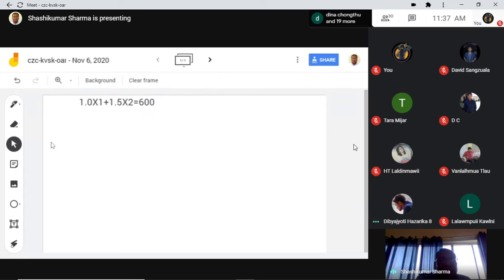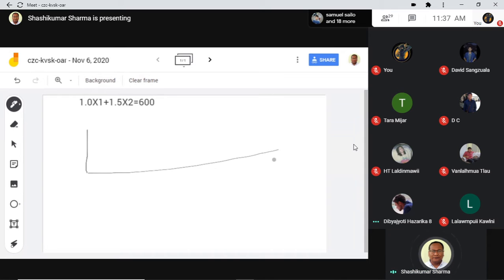Now generally, in order to get the two coordinates, we draw a table. I'll draw a table with columns: this one is x1 and this one is x2.